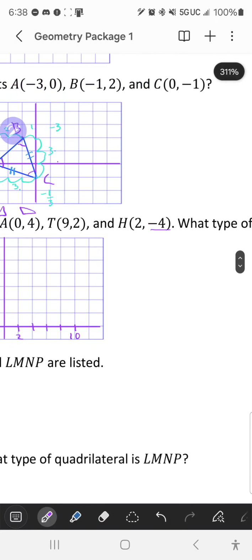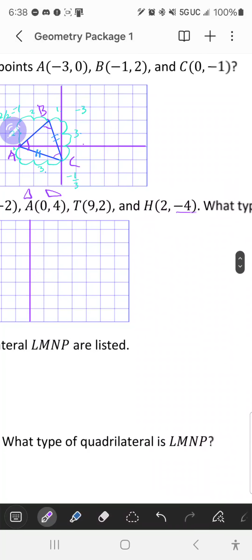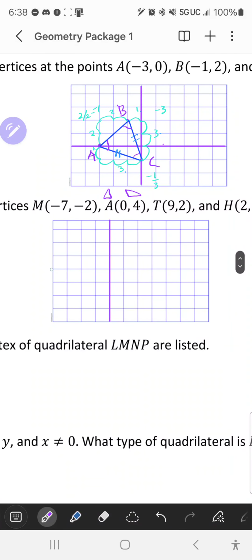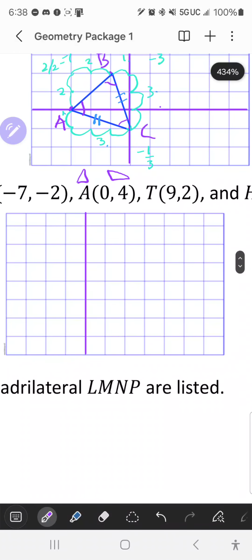I didn't see this before, so I need to do it again. Sincerely, with geometry, the part that takes the most time is just drawing everything.